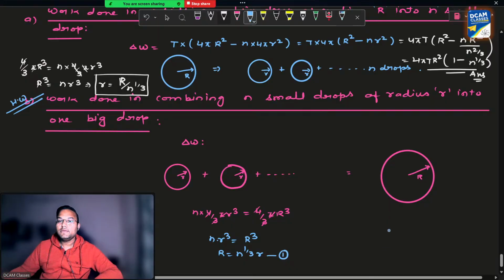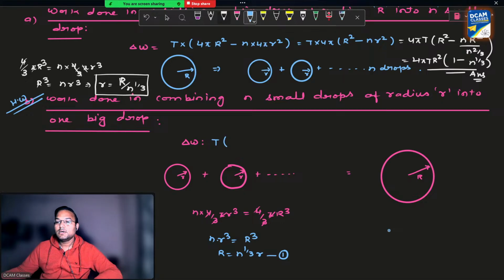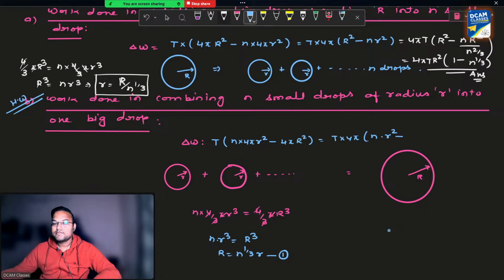Now what will be the work done? Work done is surface tension into change in area: n into 4 pi small r square minus 4 pi capital R square, which is n power 2 by 3 into small r square.